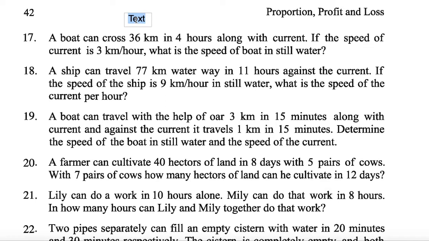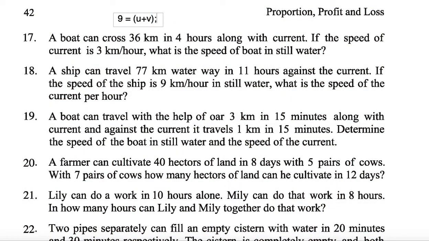The distance covered is 36 km. Distance is nothing but speed into time. Let u be the speed of the boat and v the speed of the stream. Time is 4. So u plus v is nothing but 36 by 4, which is 9.